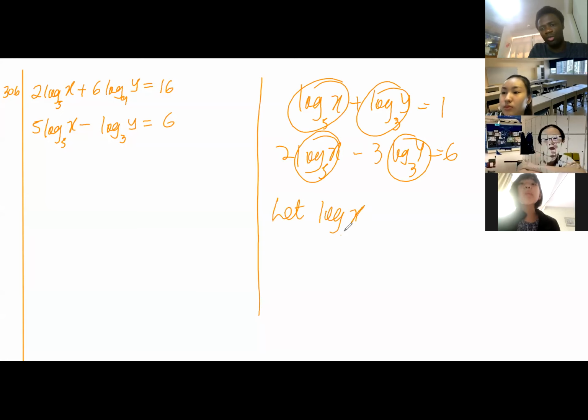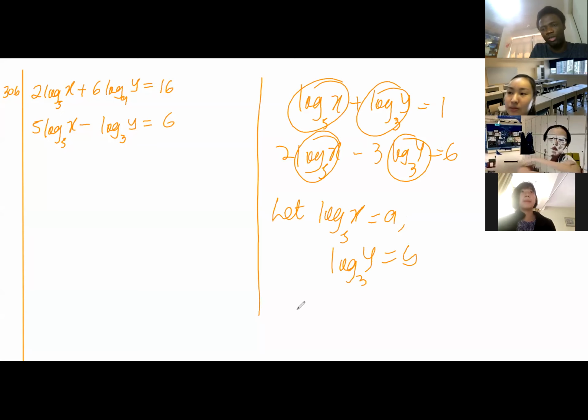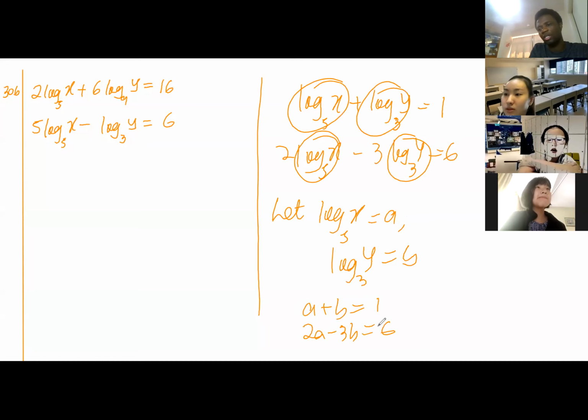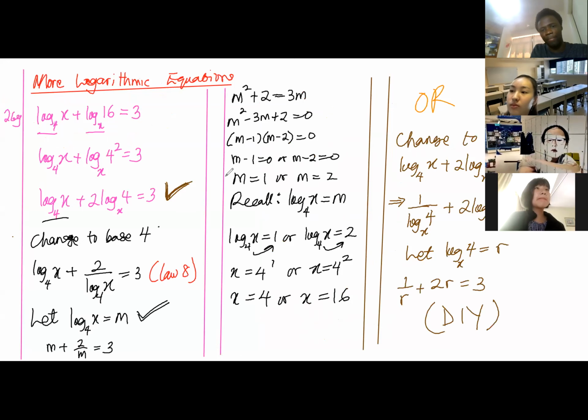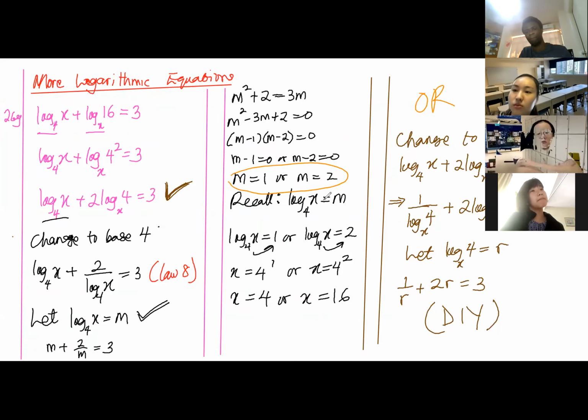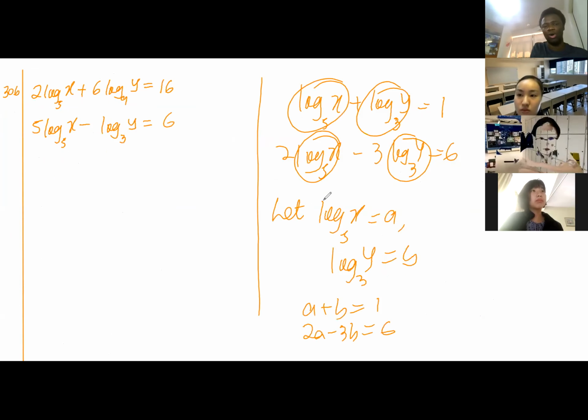Let log x to base 5 be A, and let log y to base 3 be B. Then your equation becomes A plus B equals 1, 2A minus 3B equals 6. Then you solve the equation, just like we solved this M, and use recall to write the answer. Does that make sense?